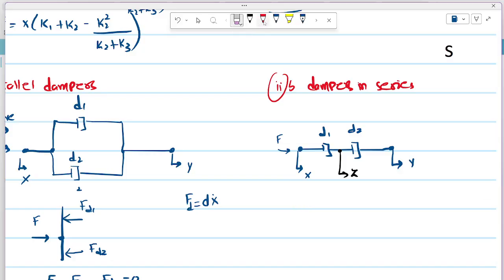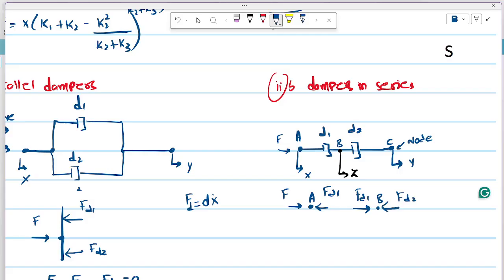Let's call the nodes A, B and C. At node A, if the force is applied in this direction, this damper will be opposing that force, and this damper will be exerting some force onto the second damper at node B, and then the second damper will be resisting that force.